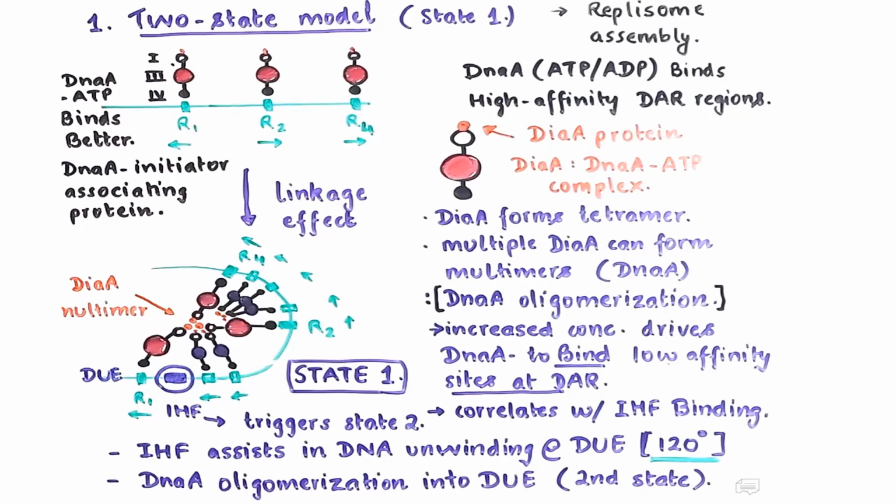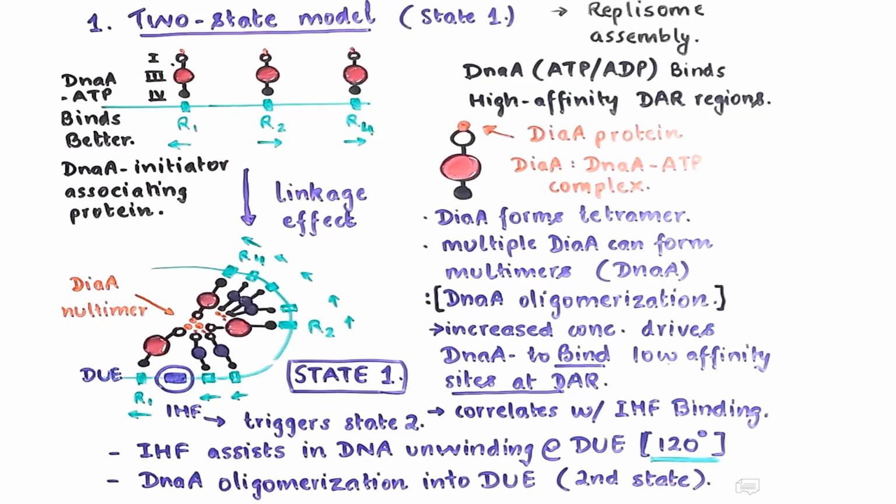DIA can come in a DNA A-DIA precomplex form, or it can bind to DNA A after DNA A has bound to the DAR, in either order of events with the helper protein. By the way, DIA stands for DNA A initiator associated protein.